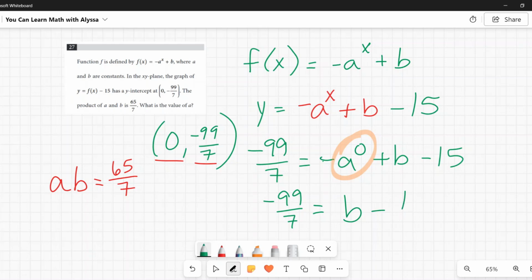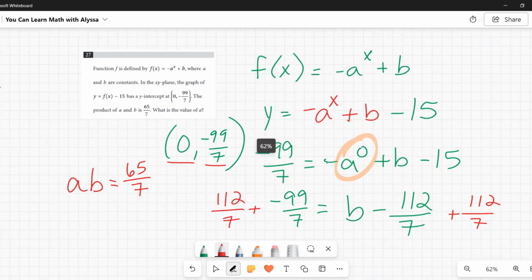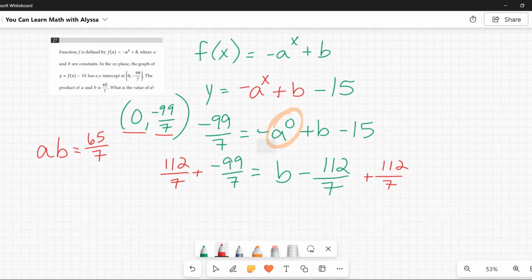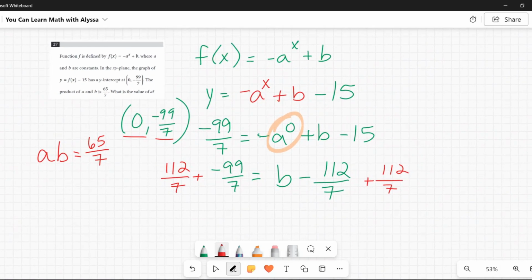So this is -112 sevenths. So I'm going to add 112 sevenths to both sides. All right, and 112 sevenths plus -99 sevenths is 13 sevenths. Okay, so b is equal to 13 sevenths.